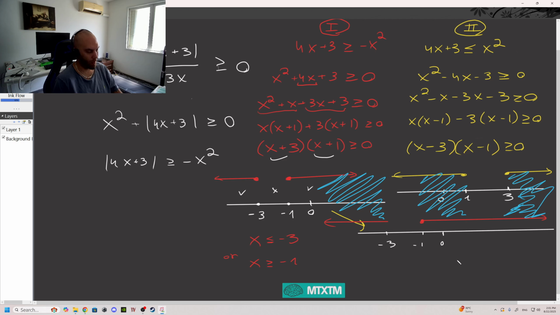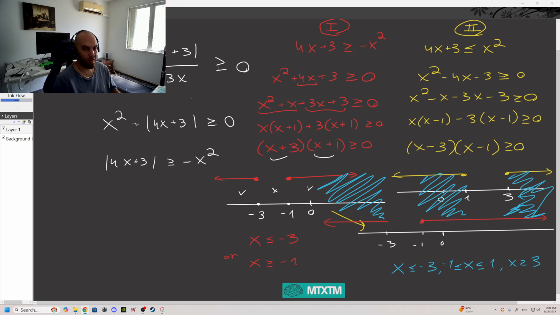Oh my God, I think I have a big mistake. It's too much. It's too complicated for an IMAT question, but let's find out. So I think that the overall solution is that x is smaller or equal to -3, or x is larger or equal to, or smaller or equal to -1 and 1, and x is larger or equal to 3.